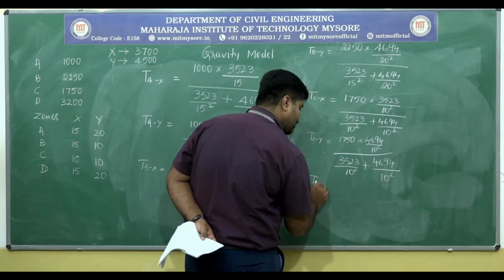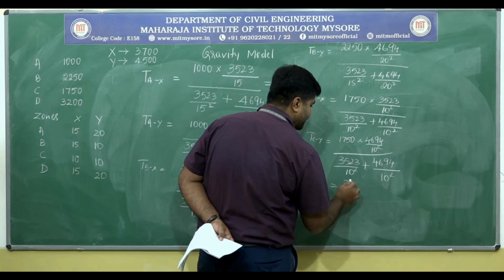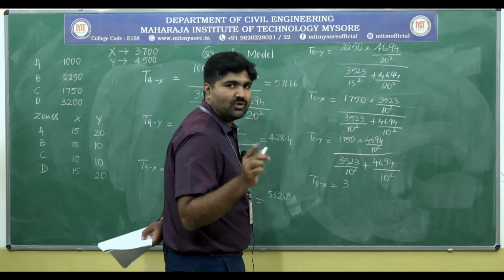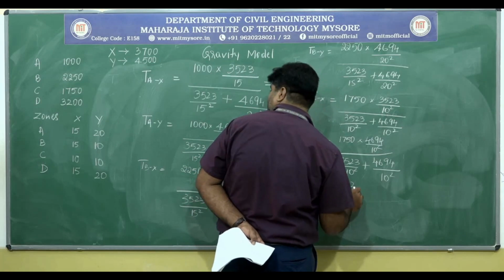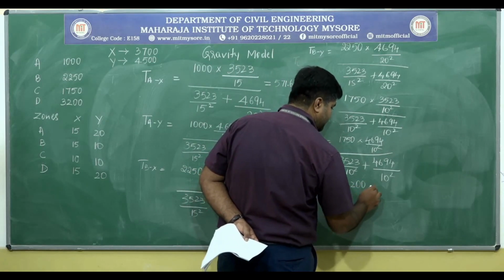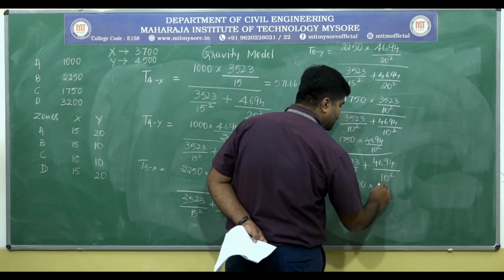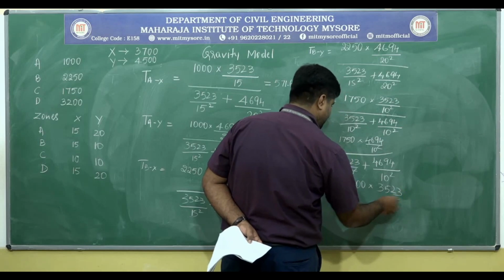Next, D to X. We know the trips generated in zone D is 3200, into towards X, so it is 3523.